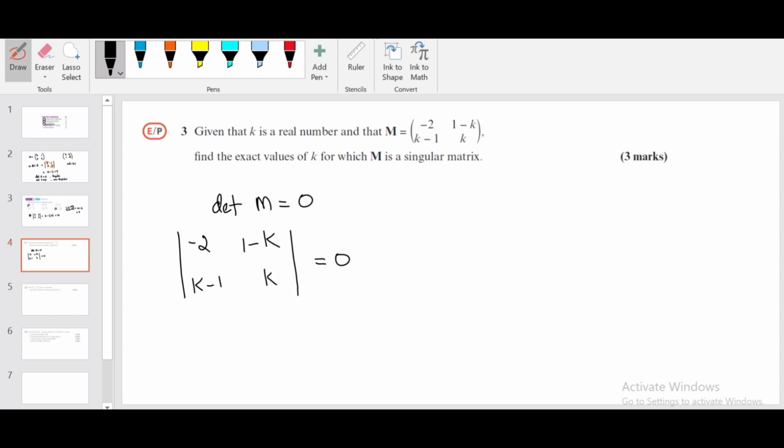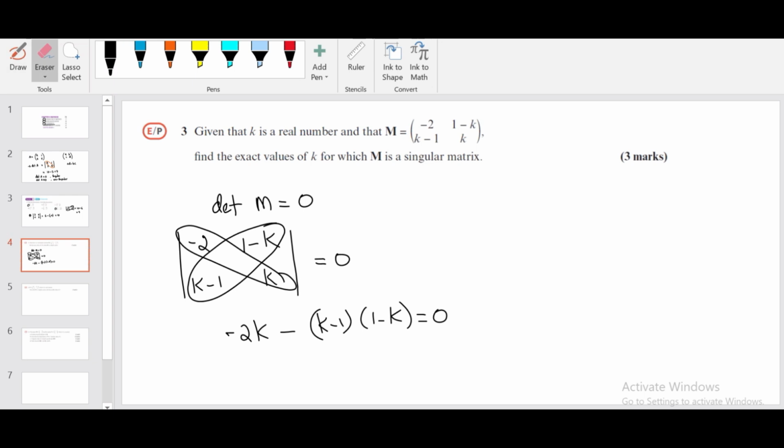How do you find the determinant value of this? Multiply the leading diagonal minus these 2 elements, right? Which is K minus 1 times 1 minus K is equal to 0.